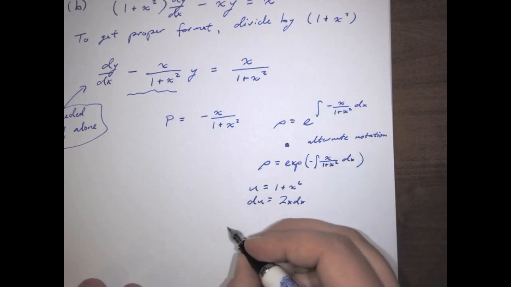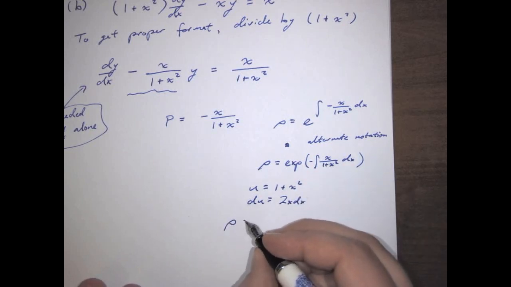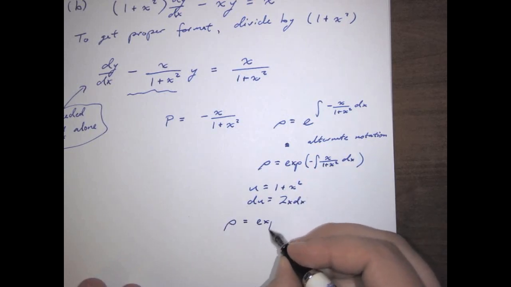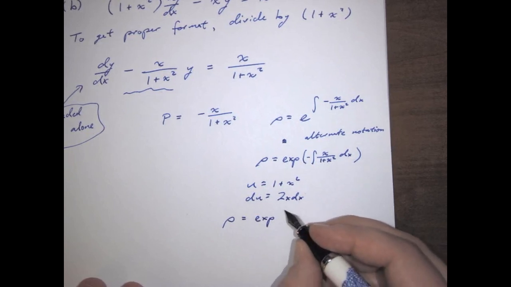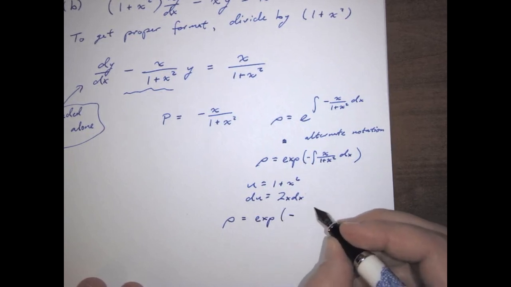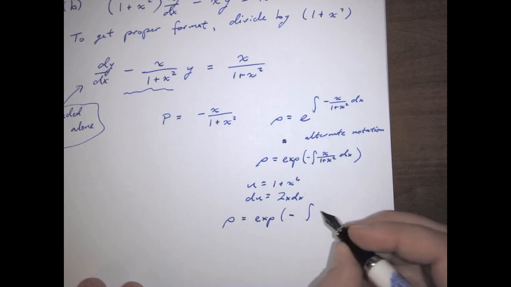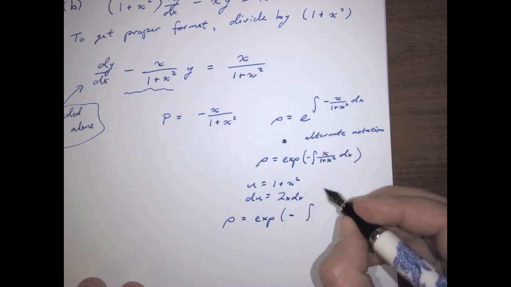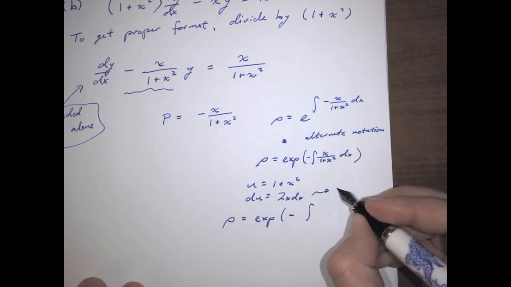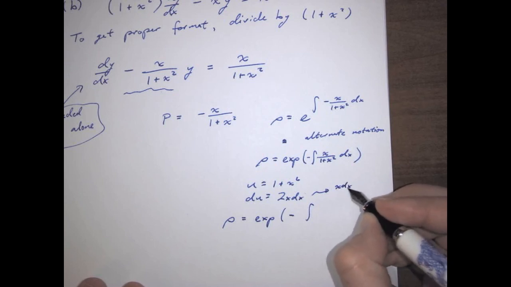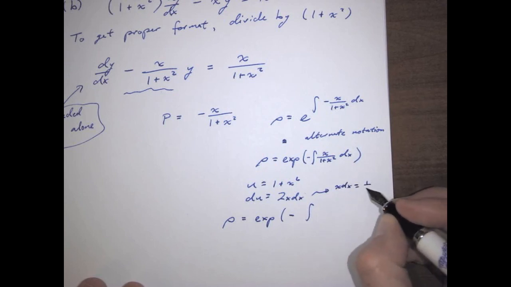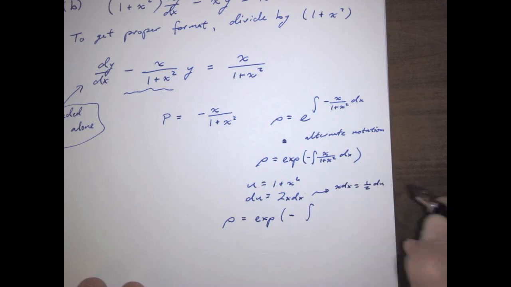which then converts our rho into e to the power of, or exp, negative the integral of, and let's see, so up here that means that x dx, which is what we have, is the same as 1/2 du.